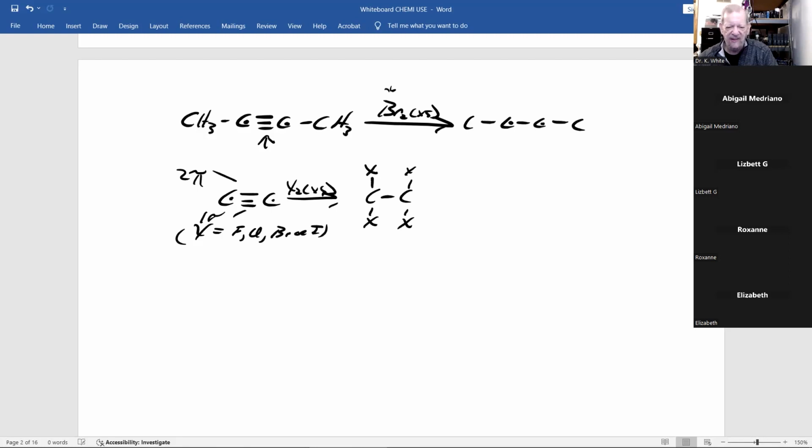So each carbon gets not 1, but 2 halogens. It's bromine. And each one of these counts as a bond to carbon. I know there are 4 bonds to carbon. And I'll put in the rest of the hydrogens and I'm done. And that's how you do it.